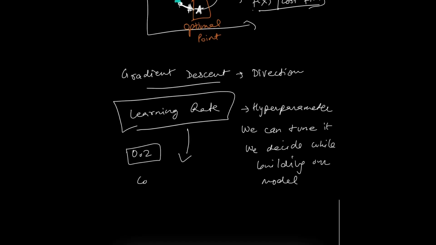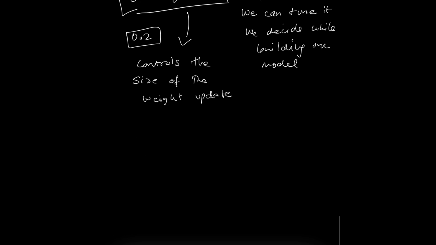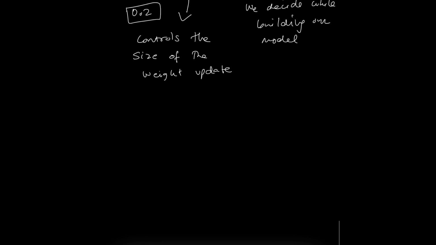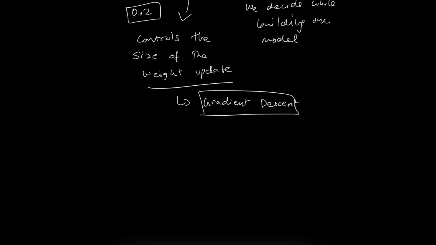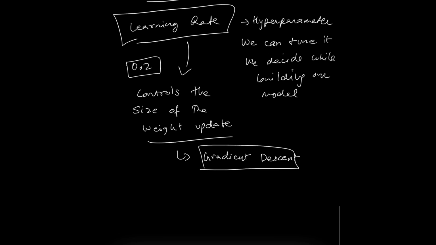So what it does is basically controls the size of the weight update, where we get the update, the actual update from gradient descent. So let's say we get this from gradient descent, but the size is what we get from the learning rate.